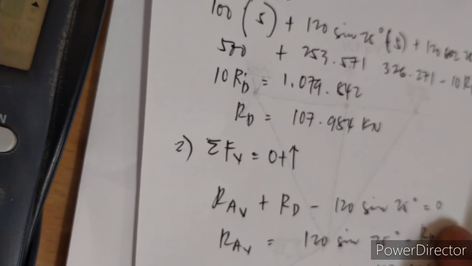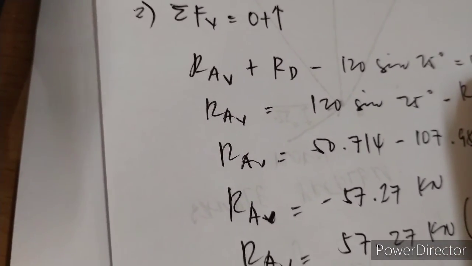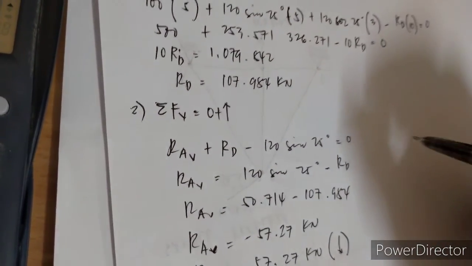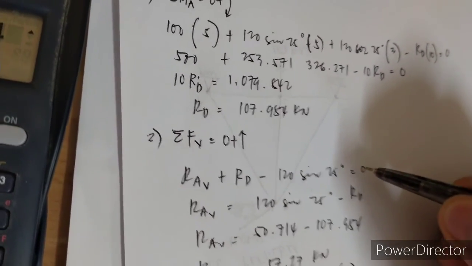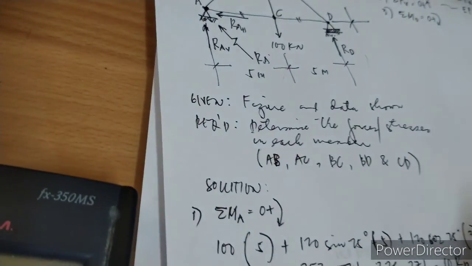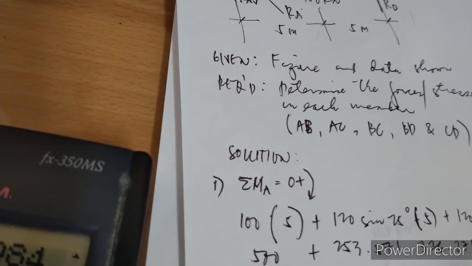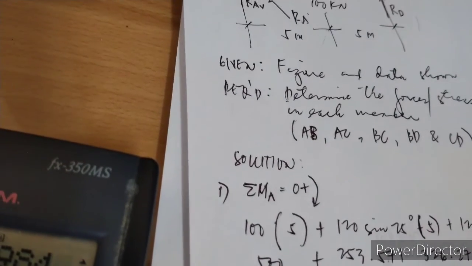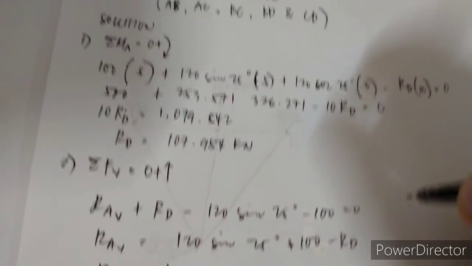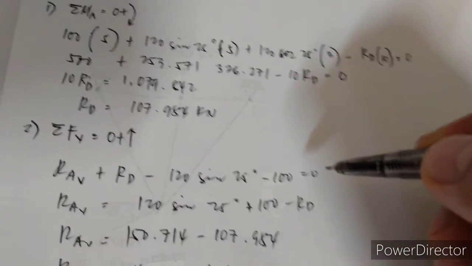In here we had a mistake, of course, on the summation of forces vertical. We still have a 100 kilonewton load going downwards, so we need to include this. Let's try to correct our equation at this particular juncture.